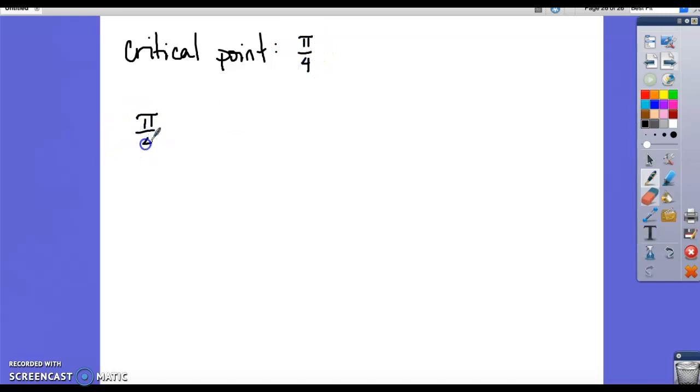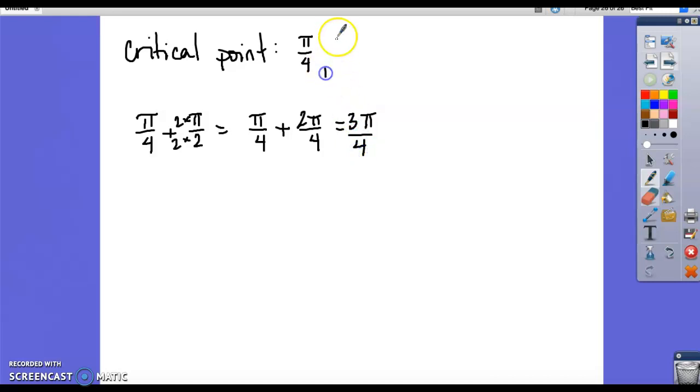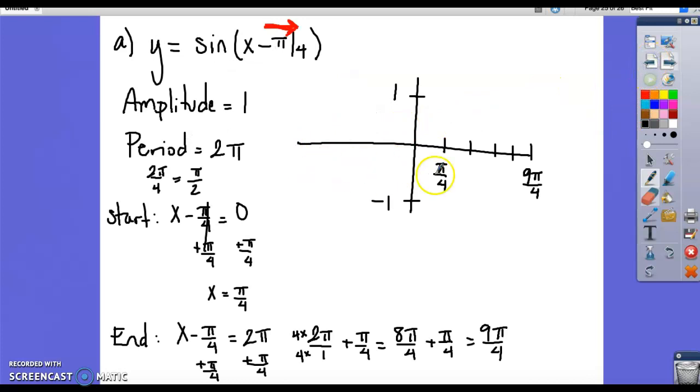To get my second one, I'm going to add pi over 2, and if I get common denominators, that's 2 pi over 4. So I have pi over 4 plus 2 pi over 4 is 3 pi over 4. So my second critical point is 3 pi over 4.